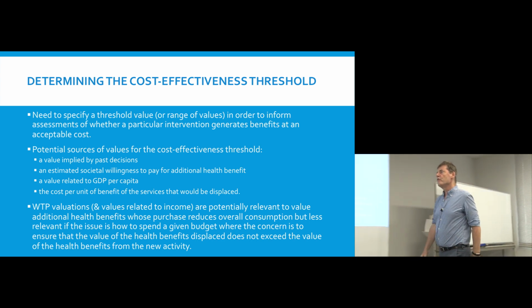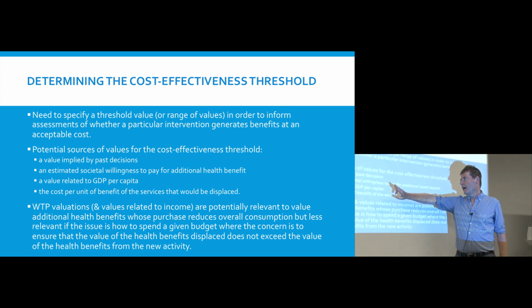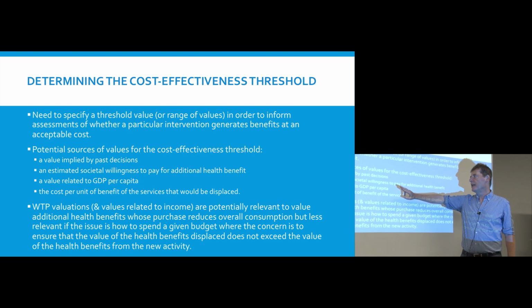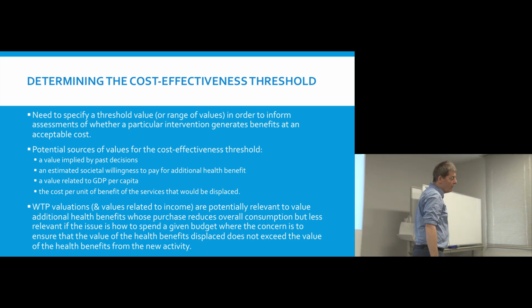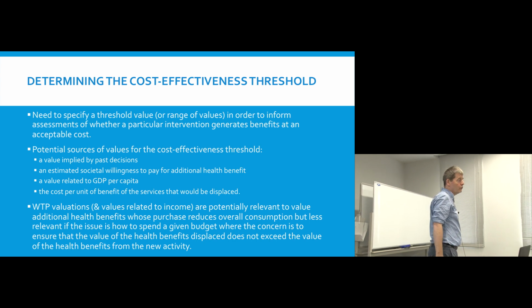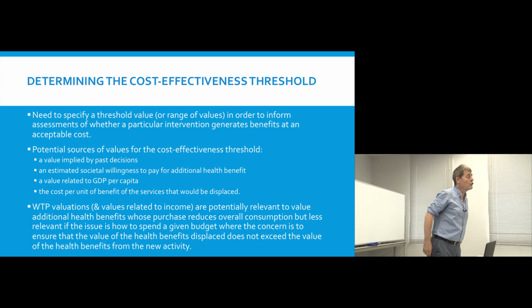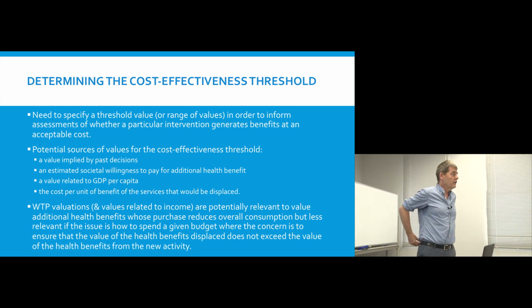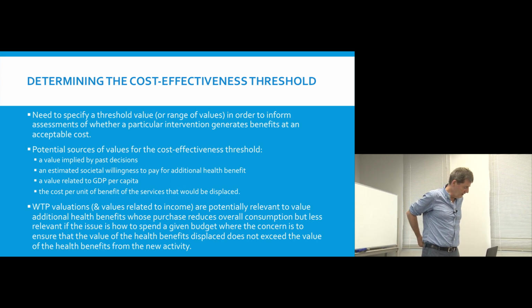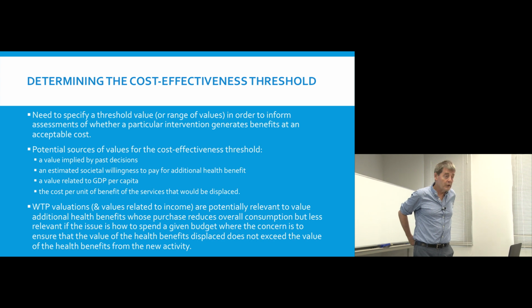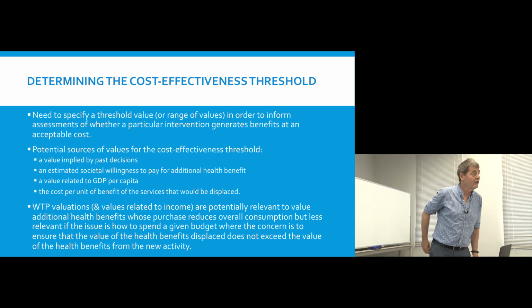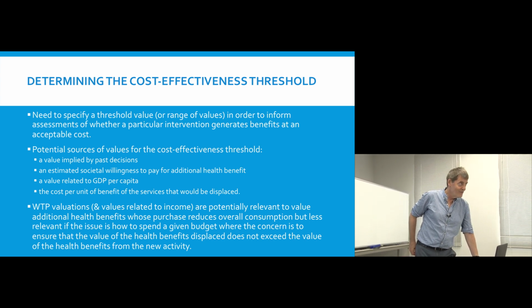Another approach which has really been quite popular, and again, particularly in low middle income countries, is relating the cost effectiveness threshold to per capita gross domestic product, or GDP. And for a number of years, WHO, World Health Organization, were really pushing this approach.